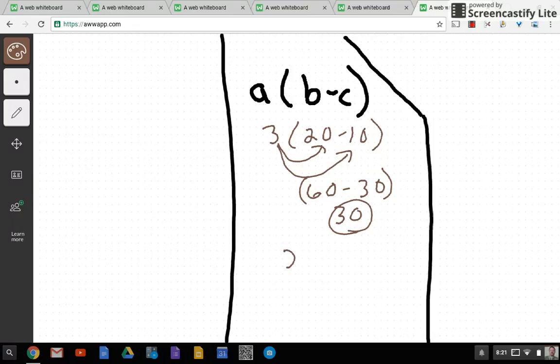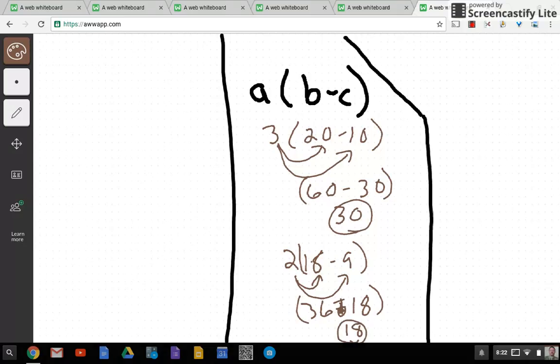And let's say I've got 2, and let's say I've got 18 here, minus 9. If I distribute first, 2 times 18 is 36, minus 2 times 9 is 18. So 36 minus 18 is going to be 18 still.